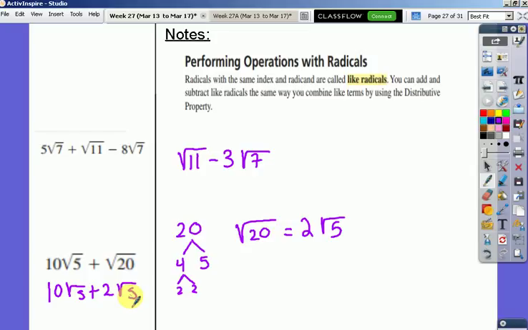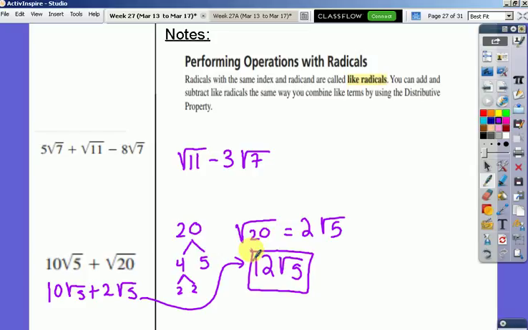X plus x makes 2x. AB plus AB makes 2AB. So 10 root 5 plus 2 root 5 makes 12 root 5. So you're either simplifying to get like radicands, or you're just, as is the case with 11, just leaving it alone because you can't break it down.